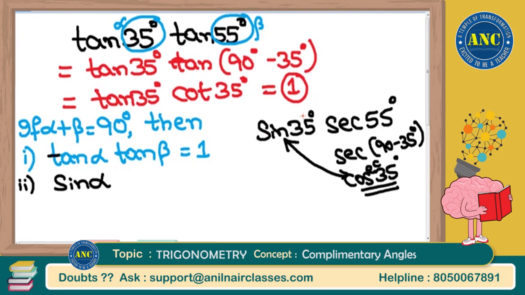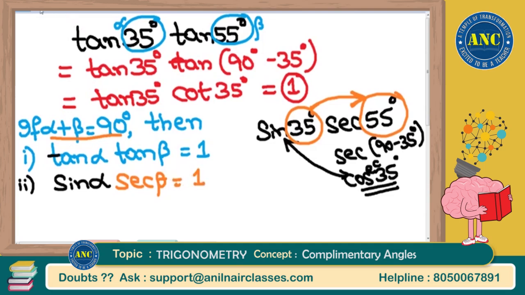That means sin alpha into secant beta, if alpha plus beta is nothing but 35 plus 55, 90 degrees, then the product is again equal to 1, right? I hope you are understanding. Why?